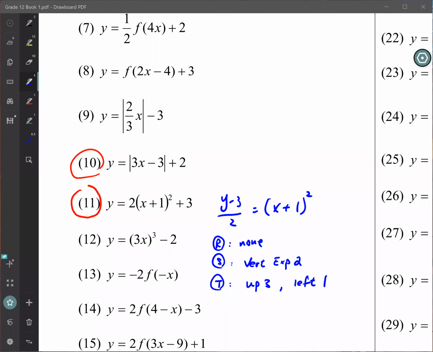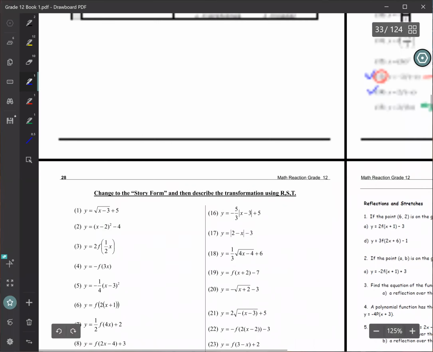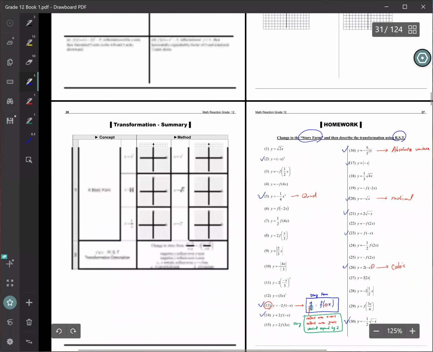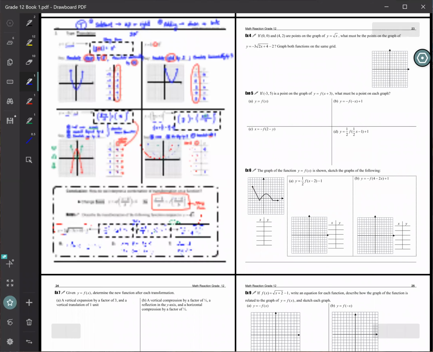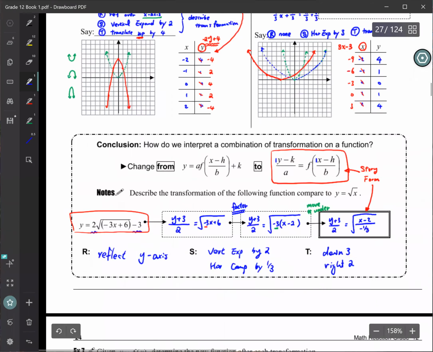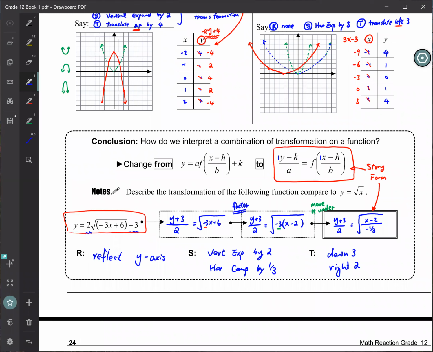While you are doing it, make sure you take a look at what we did in the summary, in the conclusion here, to remind yourself what kind of form is a proper story form.